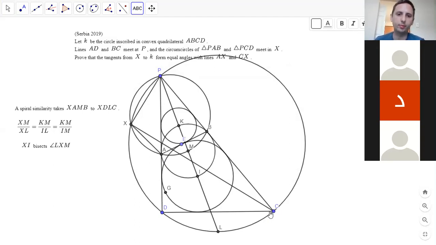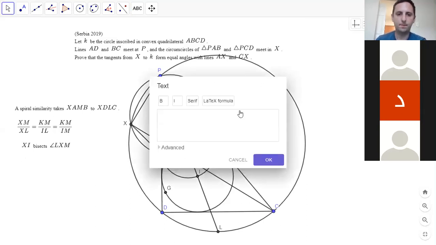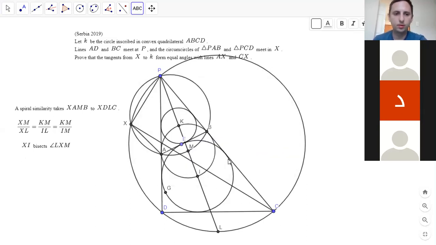Oh, that's true by the spiral similarity. But wait. So we know that XI bisects LXM. We want to show it bisects AXC. So we want to show LAX equals, hold on, give me just a second.